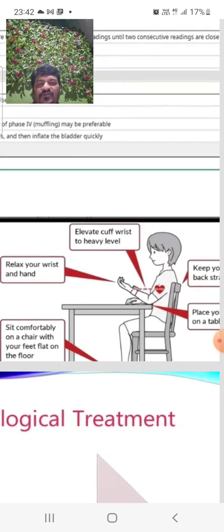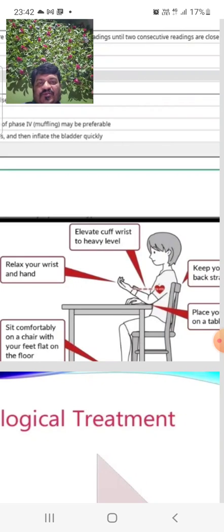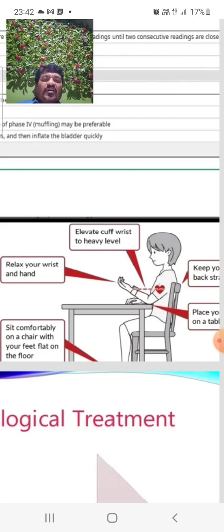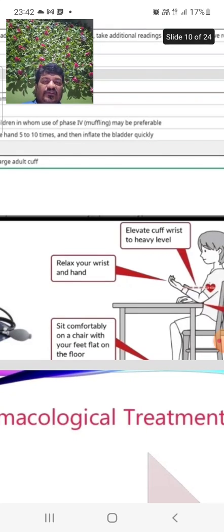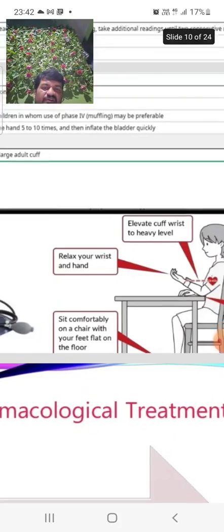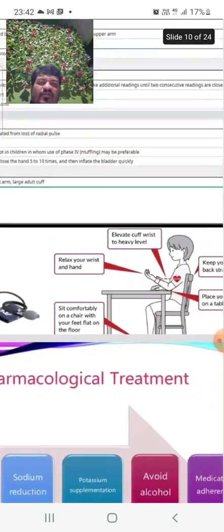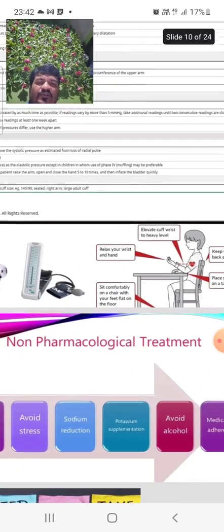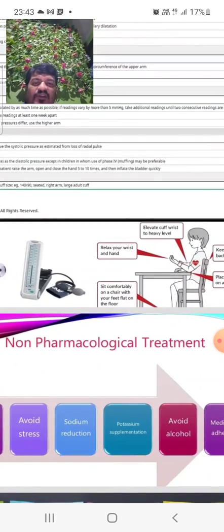So अब देखिए इस पिक्चर में आपको कैसे समझ आता है. अब इसमें देखें कि एलिवेट कर रहा हूँ अपने हैंड को, कफ को. दूसरा है कि आपकी बैक एकदम सीधी होनी चाहिए. रिलैक्स योर रिस्ट एंड हैंड, आपके रिस्ट और हैंड्स को आप बिल्कुल रिलैक्स कर दीजिए. आराम से कंफर्टेबल बैठिए, क्योंकि कंफर्टेबल बैठने से आपका प्रॉपर तरीके से ब्लड प्रेशर मैनेजमेंट देखा जा सकता है.